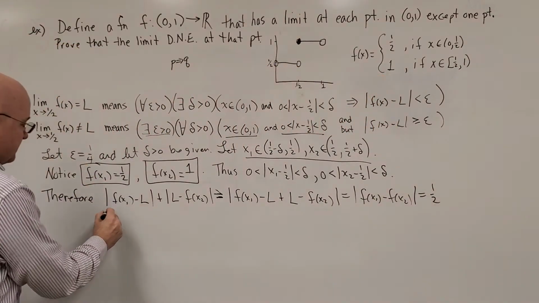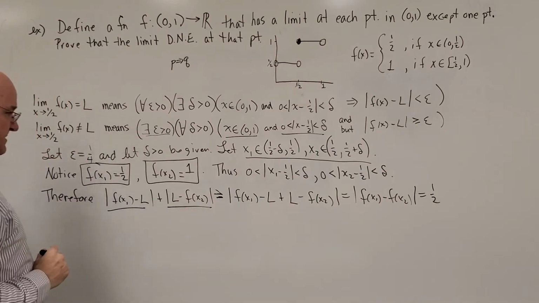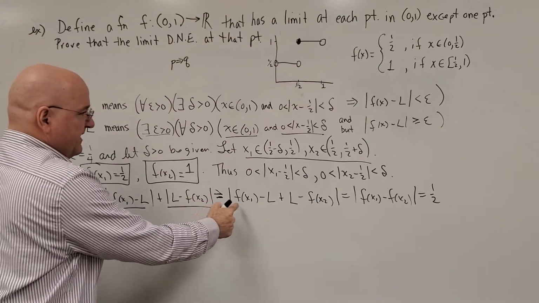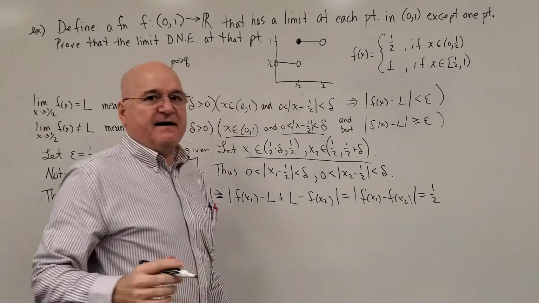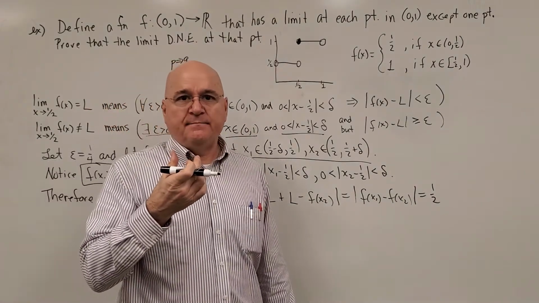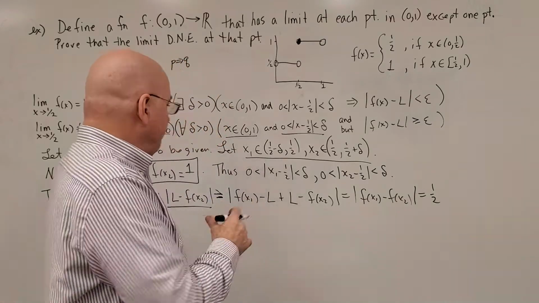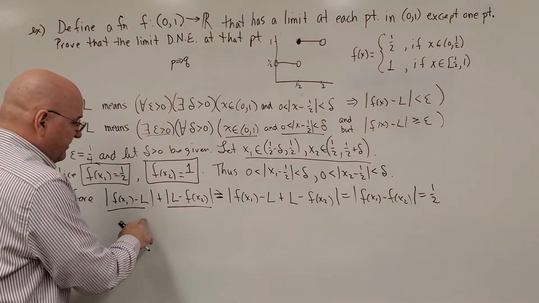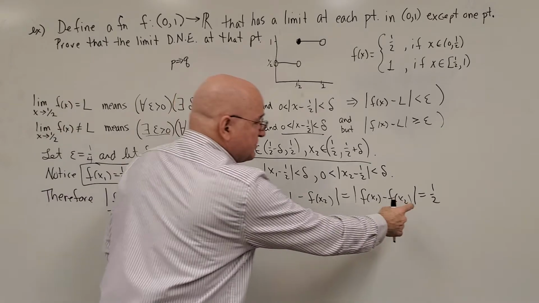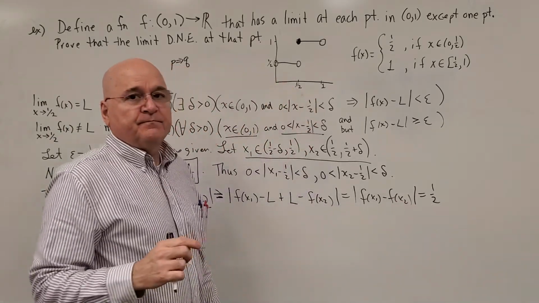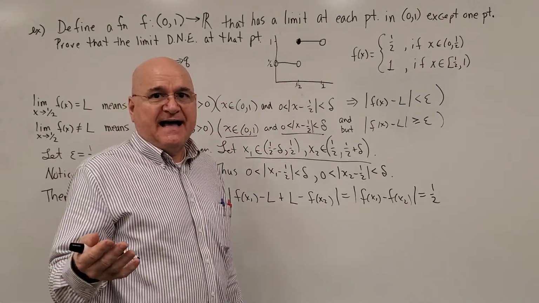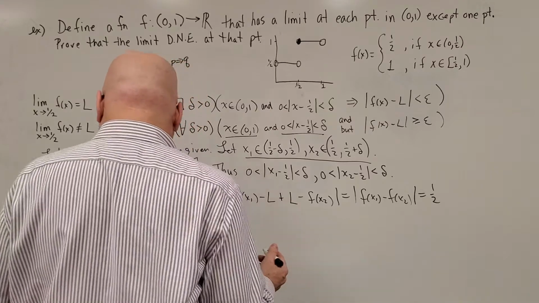So if this plus this is greater than or equal to 1/2, that means one of them has to be greater than or equal to 1/4. Two positive numbers being added together give you at least 1/2, so one of them has to be at least half of that, which is 1/4.